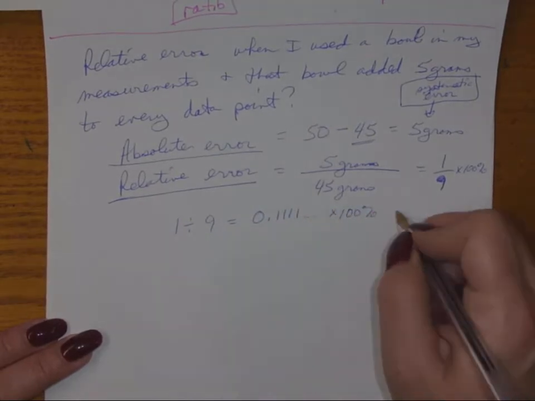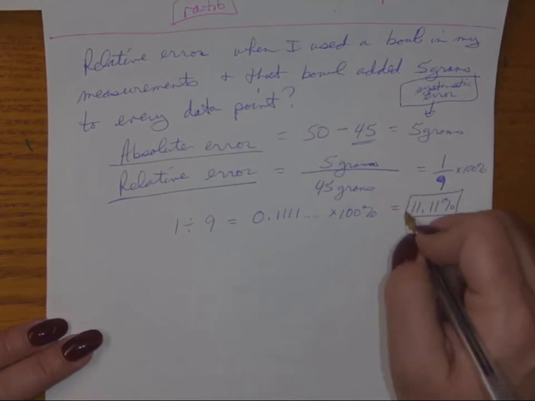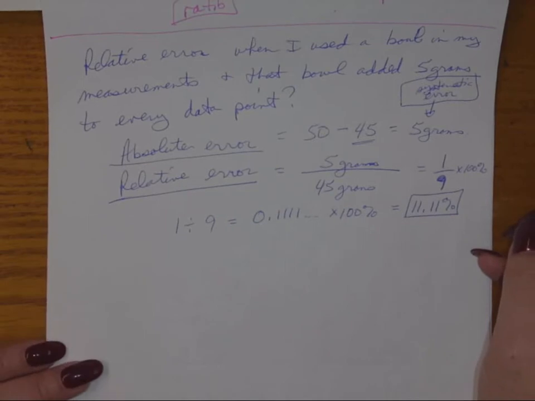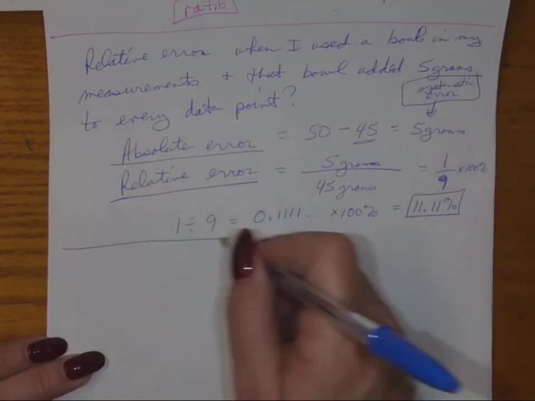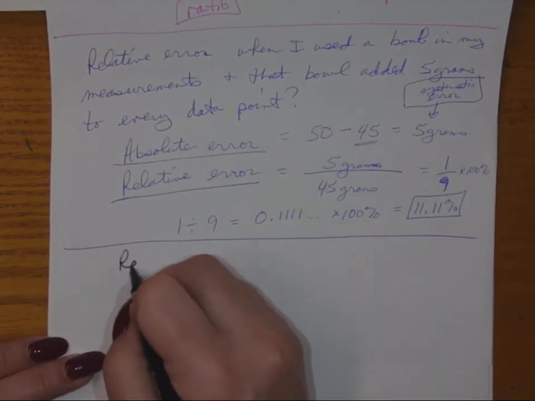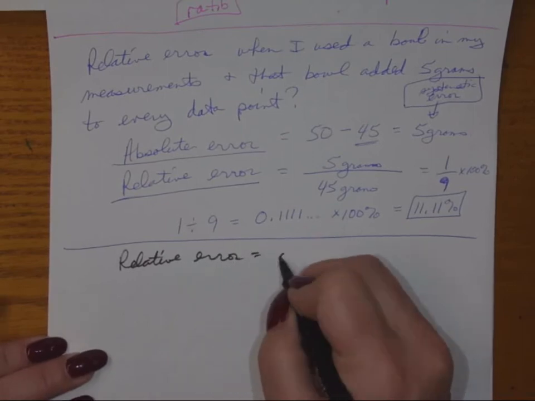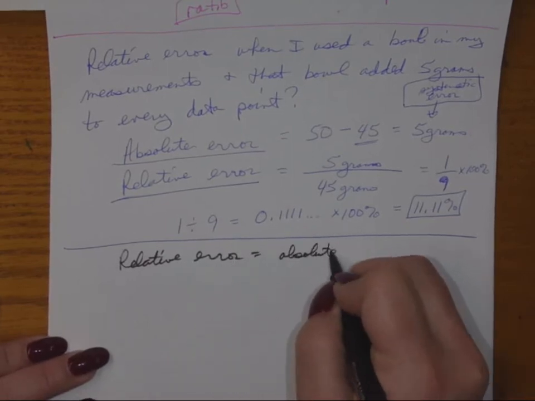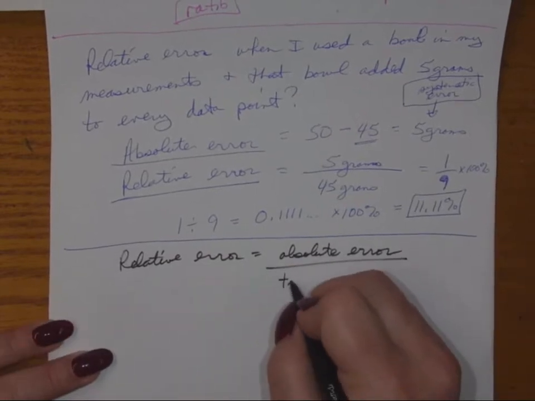Then I multiply that by 100% and I get 11.11%. So it's an 11% error relative to the actual value that it should have been. So how do I find that? To find your relative error, you take the absolute error, so you have to find that first, and you divide it by the true value.